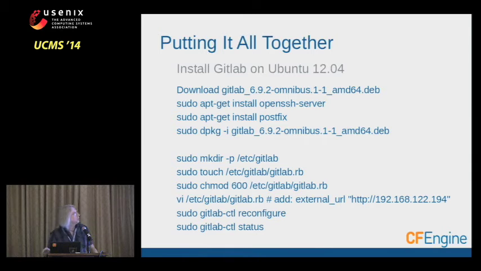You're also going to want to install your OpenSSH server. I'd say go with a nice clean build. Install postfix, and then from there, you have to make a directory or two, change some permissions, and edit a file in vi. Essentially you're just adding a quick file which says what your external URL is.